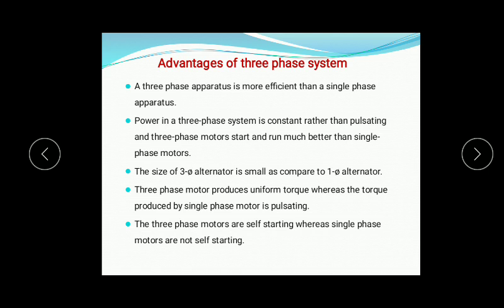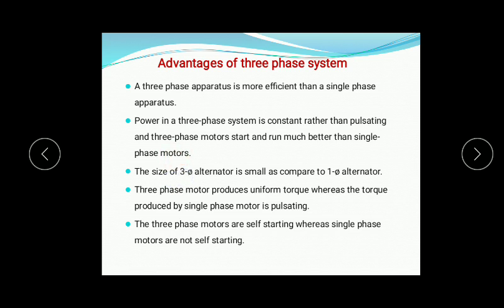Now what are the advantages of a three-phase system? A three-phase system apparatus is more efficient than a single phase apparatus. The power in a three-phase system is constant rather than pulsating, and the three-phase motor starts and runs much better than a single-phase motor.